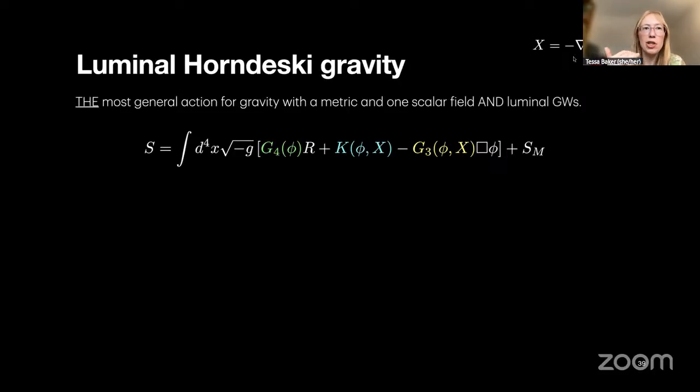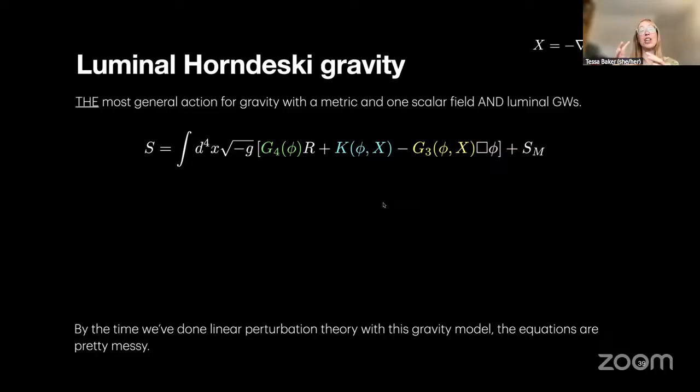So although it looks a lot simpler than what we started with, life still gets pretty messy working with this theory. Once you've taken all the derivatives of these objects, if you do cosmological perturbation theory, the equations still get pretty big pretty fast.